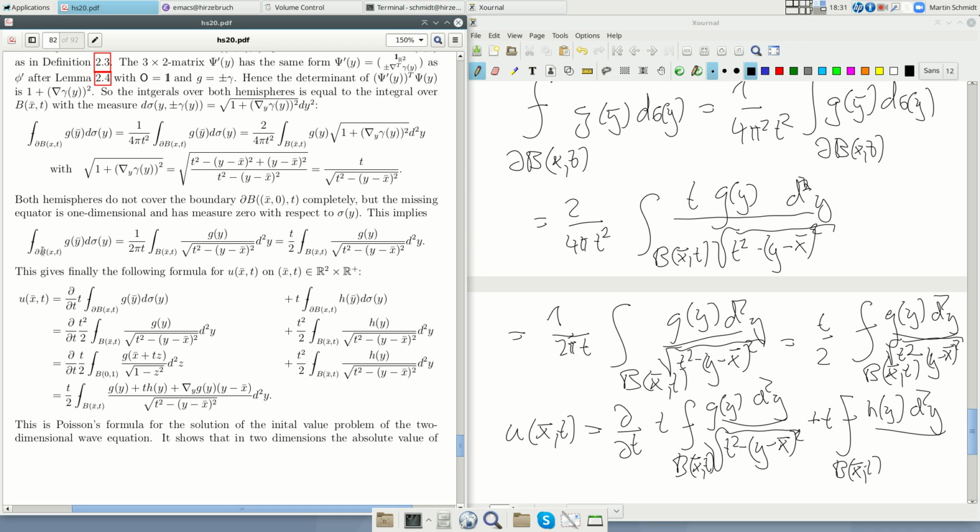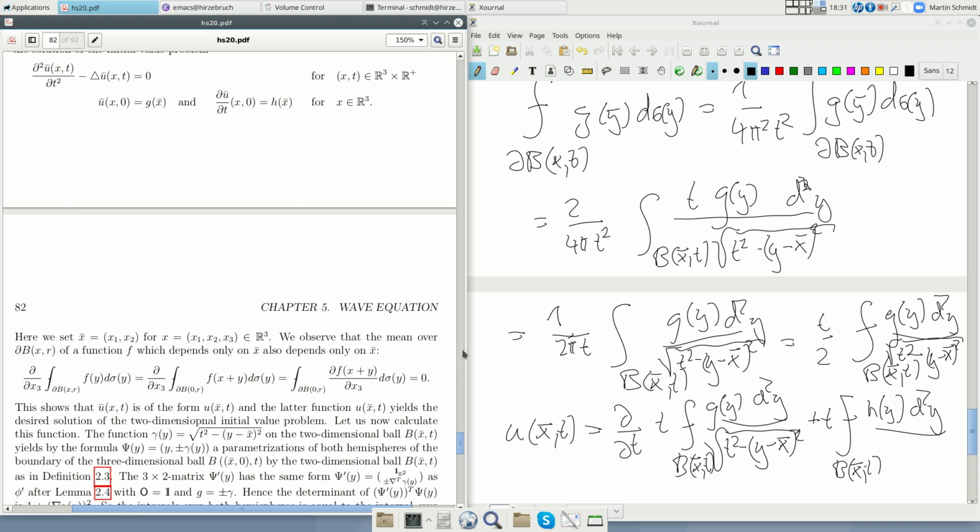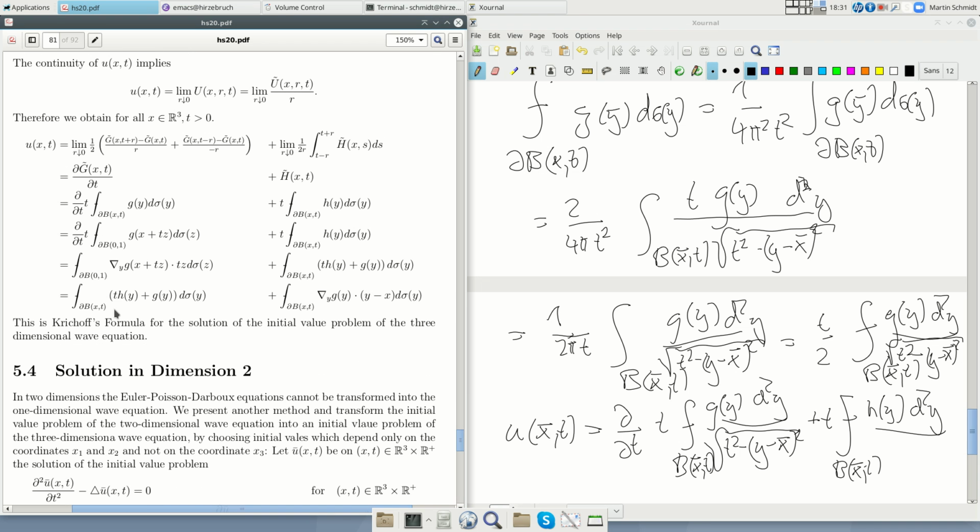Here we only calculated the means, and we inserted this and get this, and now we insert this in our formula for the three-dimensional wave equation. So we should insert this here in these two formulas.